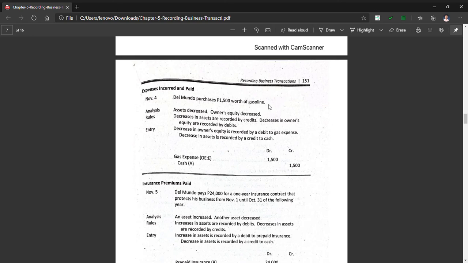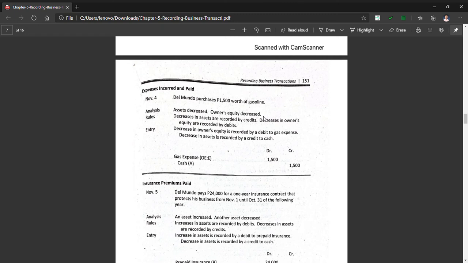Gastos natin ito. Expense. Remember that expense decreases the owner's equity. So, because of that, under analysis, owner's equity decreases. Tapos dahil nagbayad tayo ng pera, asset also decreases. So, yung expense, it decreases owner's equity. So, dahil dinecrease niya ang owner's equity, dapat kabaliktaran siya ng owner's equity.